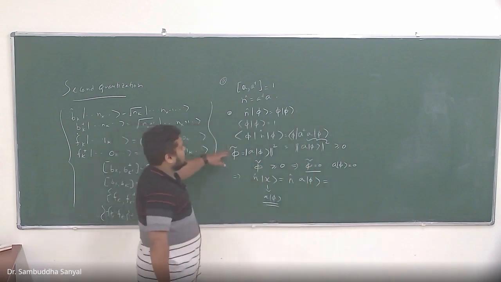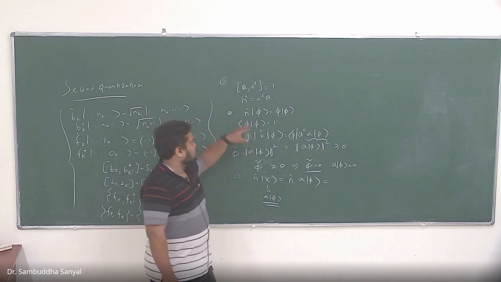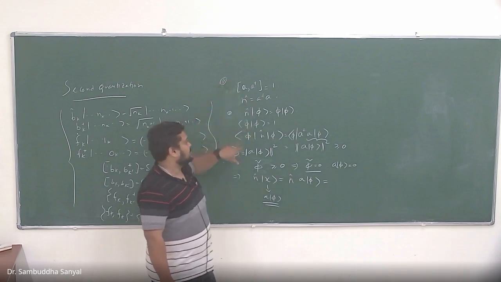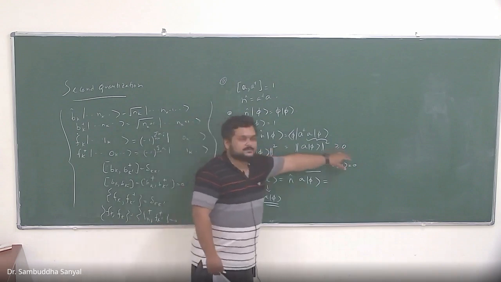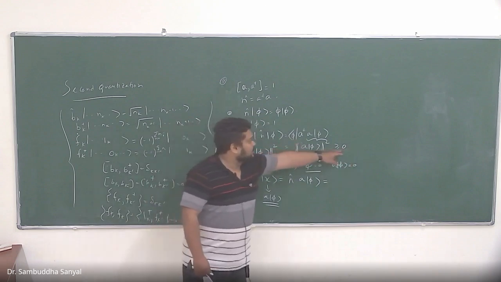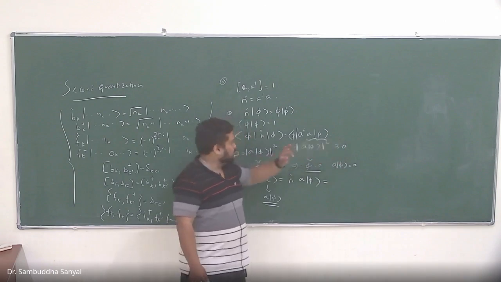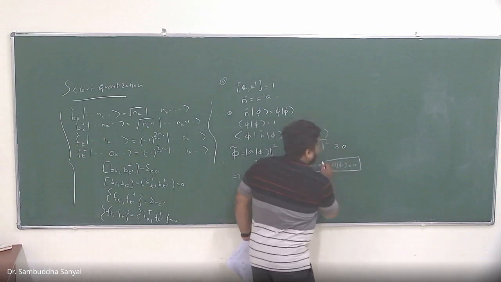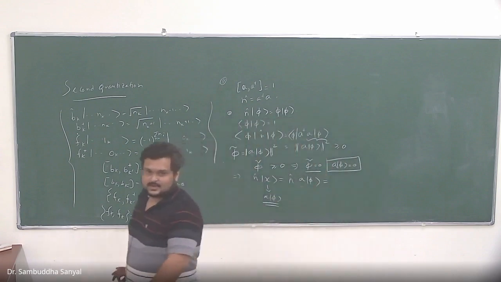I started with only these two things, right? I defined an expectation value. I said that this thing must be greater or equal to 0 because this is a square. And the lowest value it can take is 0, and the lowest value must be a condition where a acting on phi is 0. Right? This is what I found.